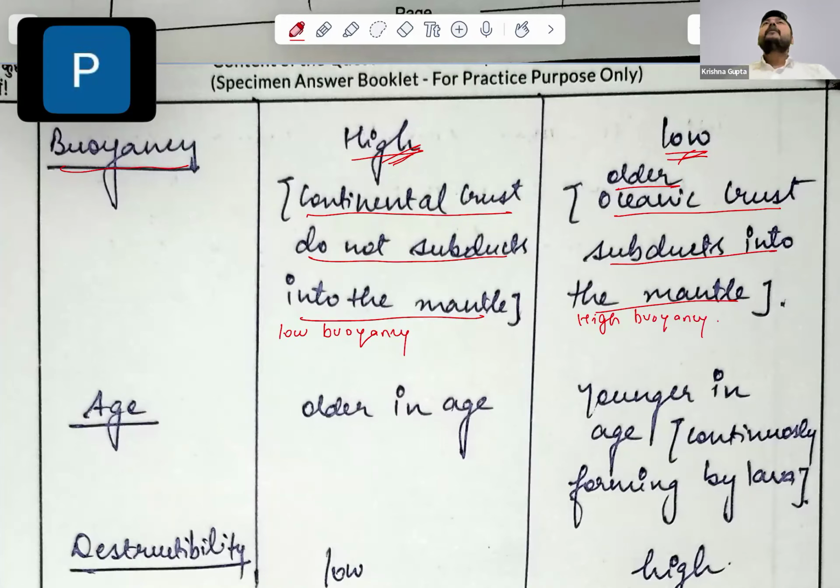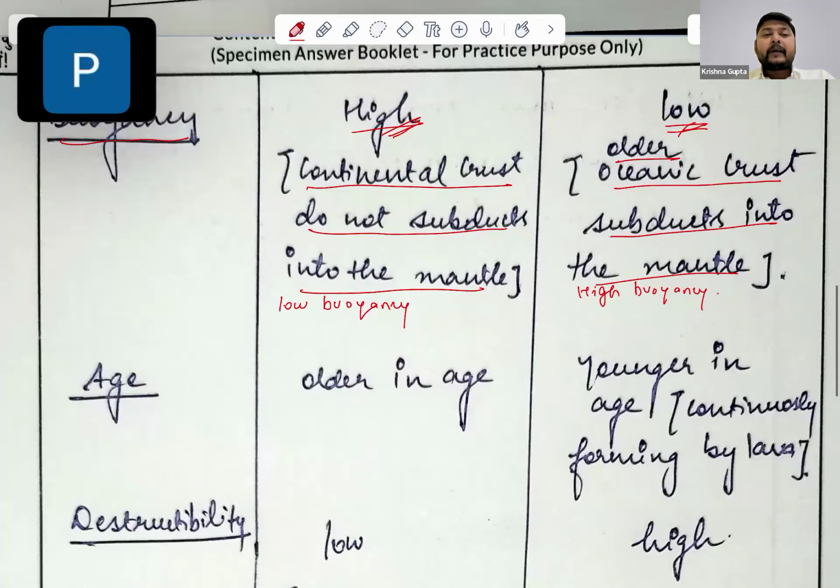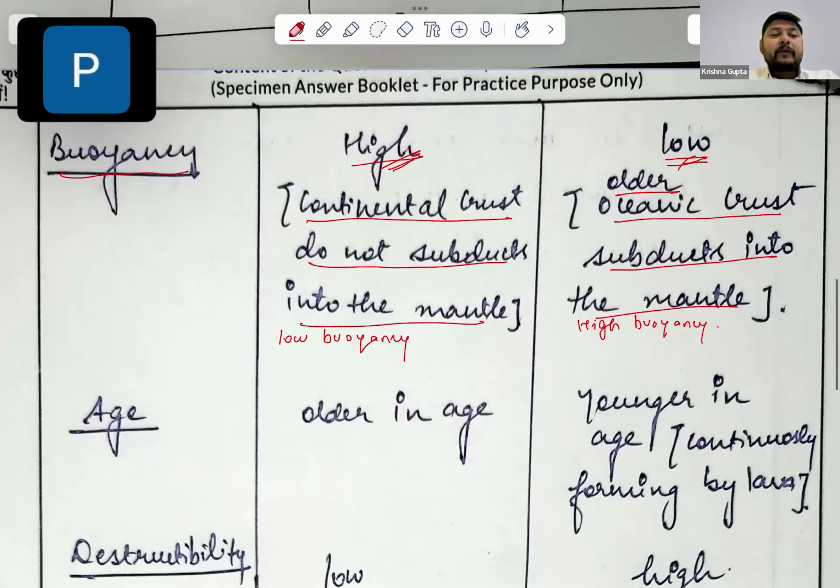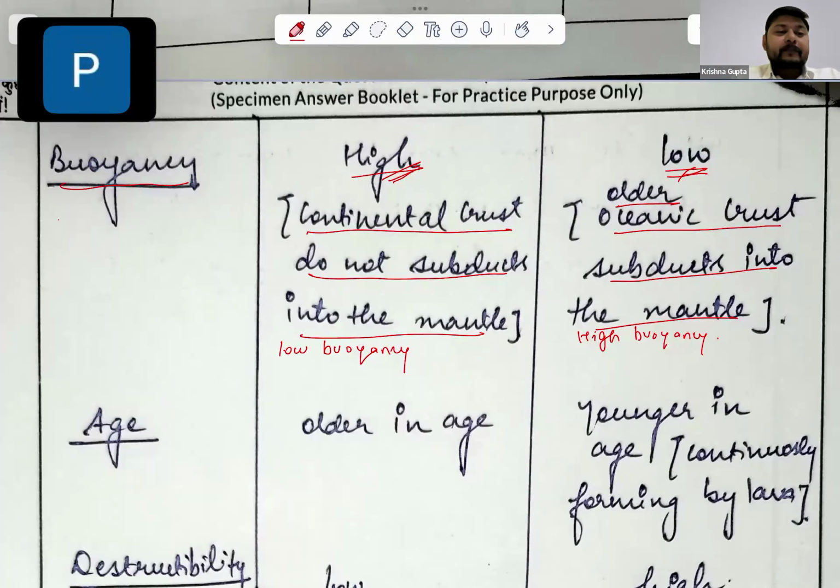If we want to talk about the buoyant feature here, how can we provide the buoyancy part? You can include Bowen's reaction series.